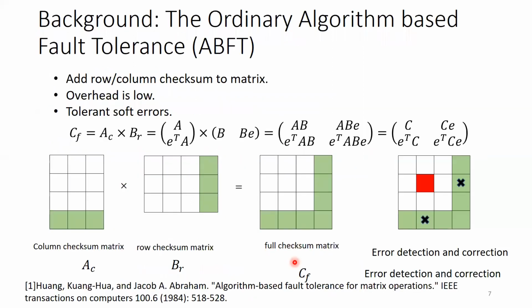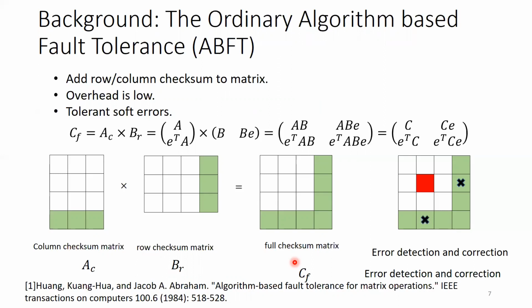The algorithm-based fault tolerance technique has low overhead. The algorithm-based fault tolerance was first proposed in 1984. In this presentation, we call the first algorithm-based fault tolerance scheme ordinary ABFT.